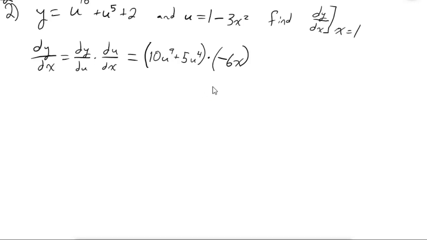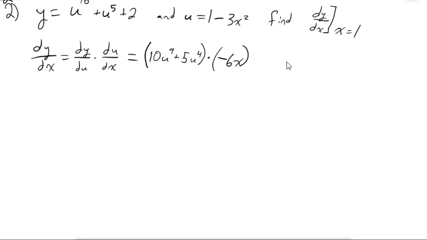Now, right here, looking at this is pretty scary because we know that u is equal to 1 minus 3x squared, and then substituting that in and taking it to the power of 9 is going to be a mess. But luckily we were given a specific point when x is equal to 1. So we can just substitute that into our u.